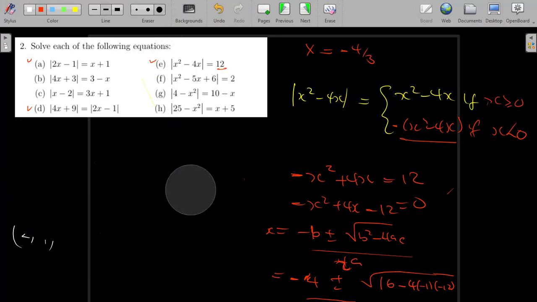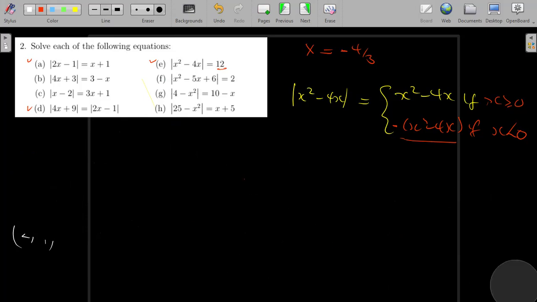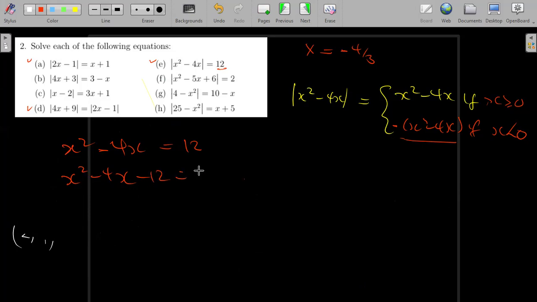But let's use the other one now, which looks at the positive version of it, which was at the right side: x squared, then this will be equal to 12, and this will be x squared minus 4x minus 12 equal to 0. So I apply the formula again: x equals, negative by negative multiplies to give a positive 4, then plus or minus, and I have a root there, square that negative 4, I get 16 minus 4.